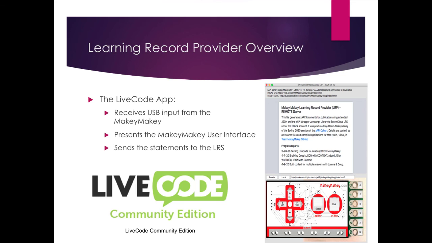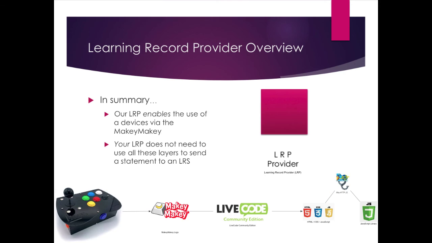Then it sends a statement to the LRS, and finally generates a JavaScript alert to indicate that a statement was sent. So, all these technologies working together are acting as our learning record provider.